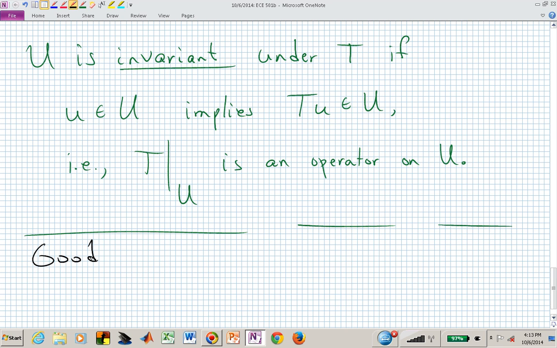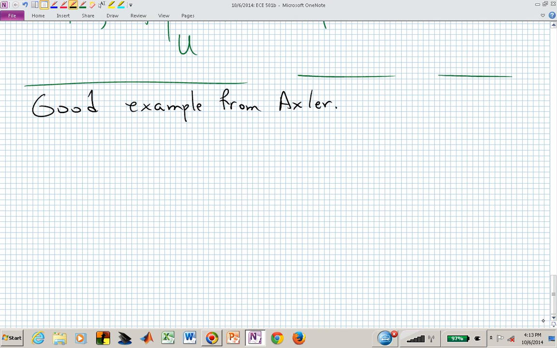Let's get away from R3 or C3 or these normal vectors, and let's look at a good example from the textbook. Let's start with our vector space V being this guy.